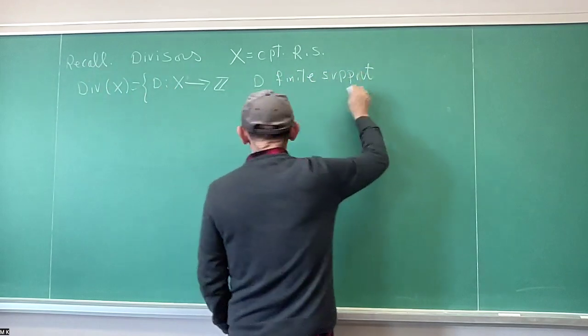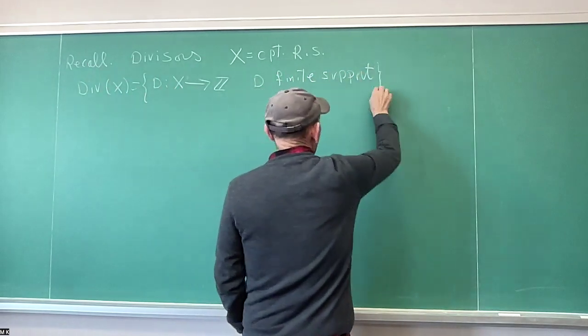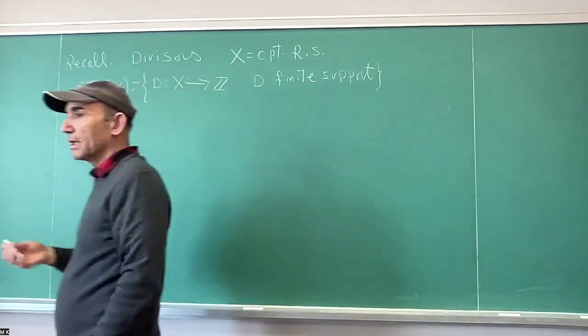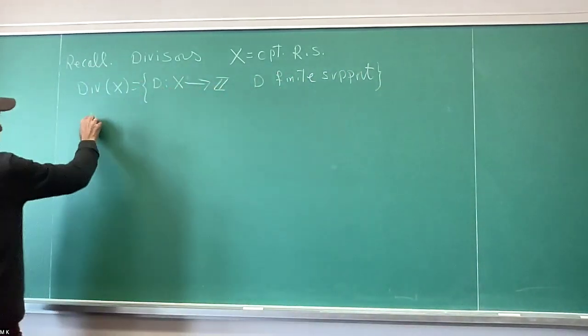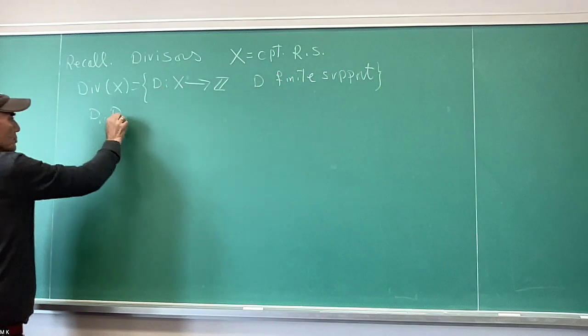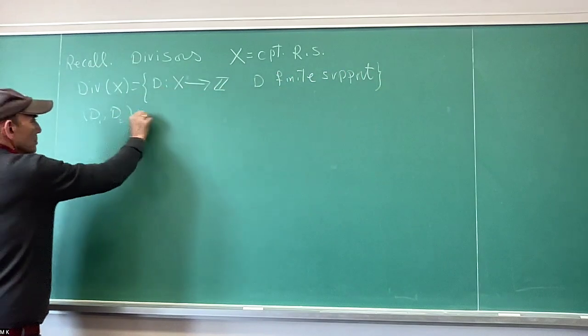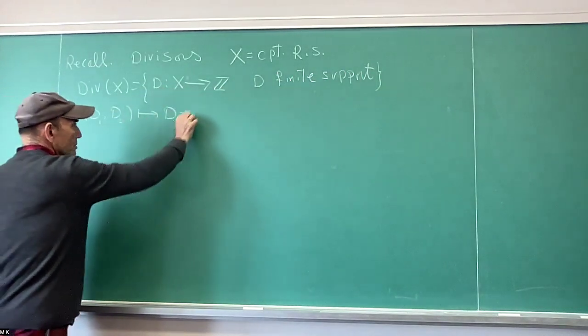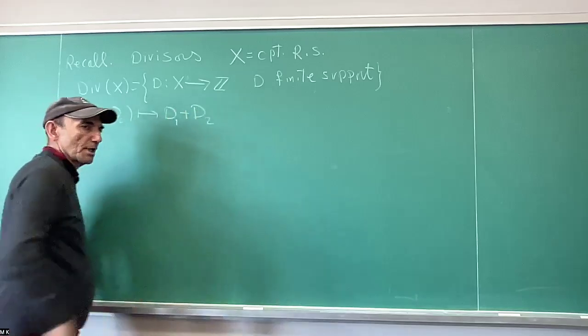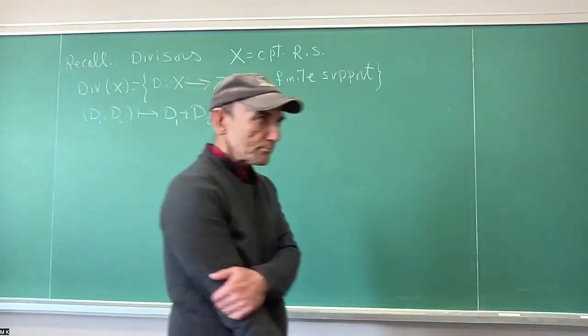So this is an abelian group under addition. The pair D1, D2 goes to D1 plus D2. You can easily check that this is again a divisor.